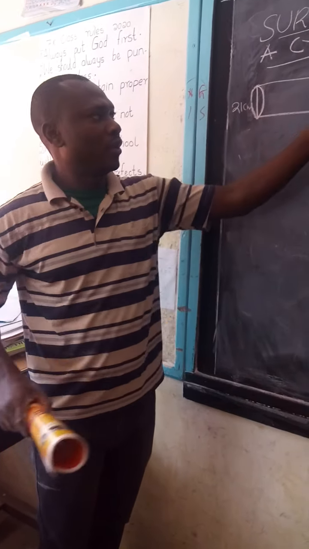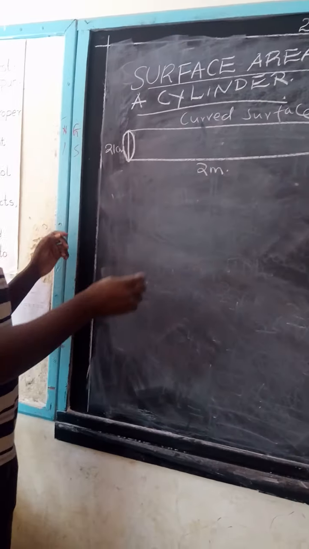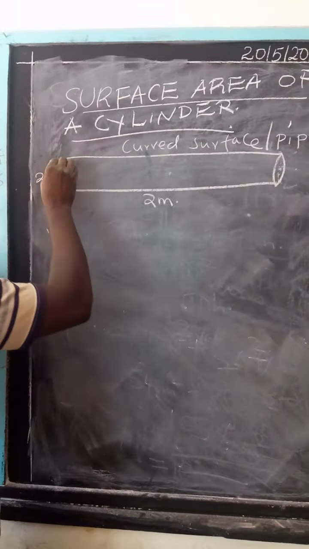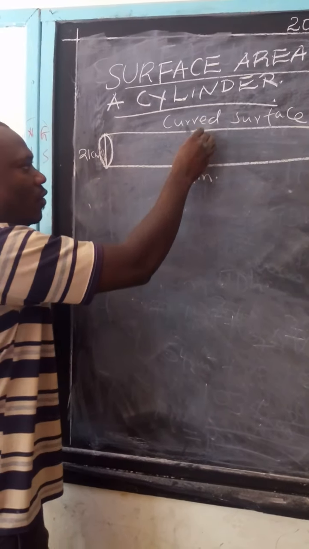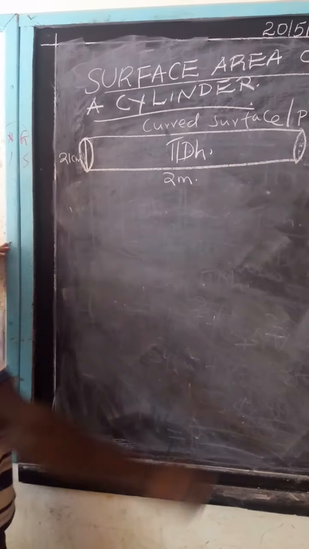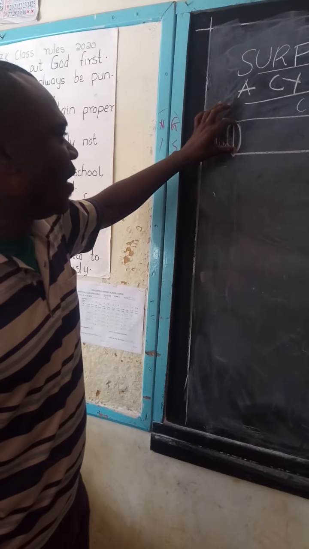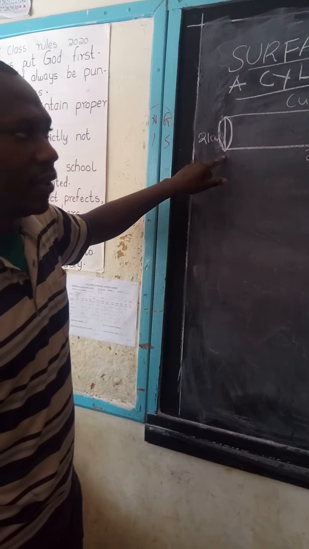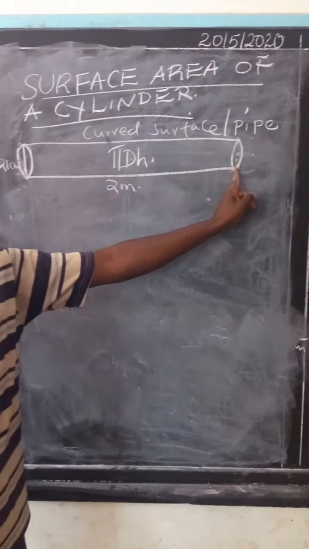So that's what we call a pipe or curved surface. So how do we get it? Remember, we have nothing here and we have nothing here. So what we have is only this part here, the curved surface. Therefore, pi dh. So for example, in our case, we have the diameter to be 21 and we have the length to be 2 meters.